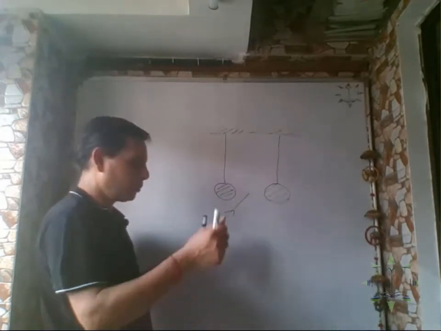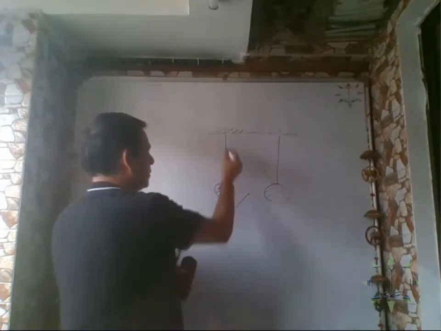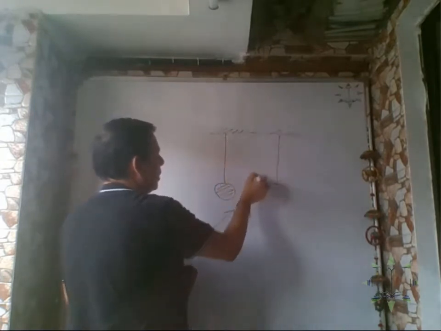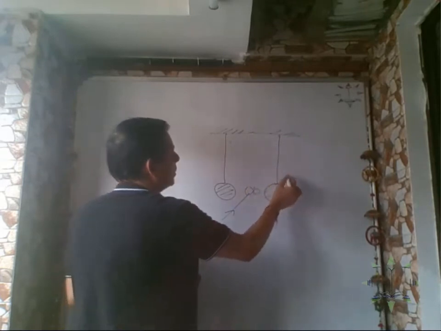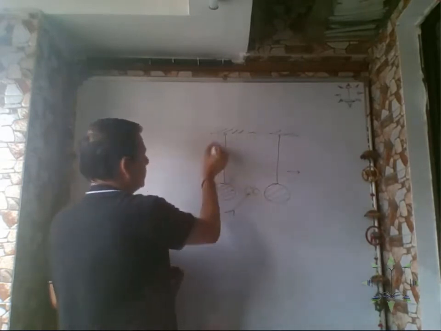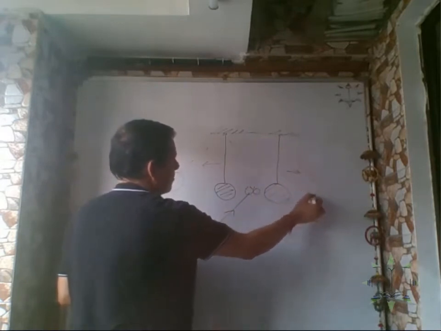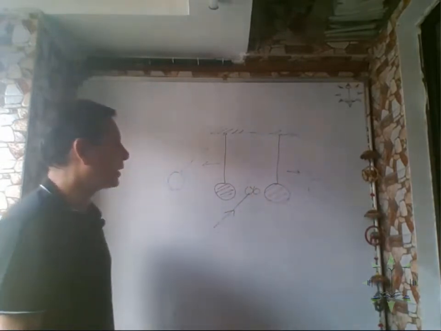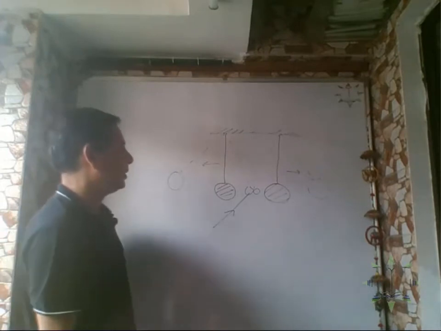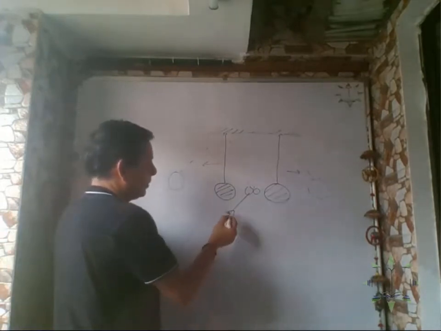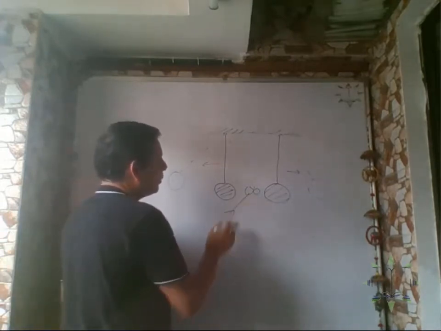So what will happen? The balls will come closer, or will they go away? It will be like this. What can happen? Now see what will happen when you blow air.